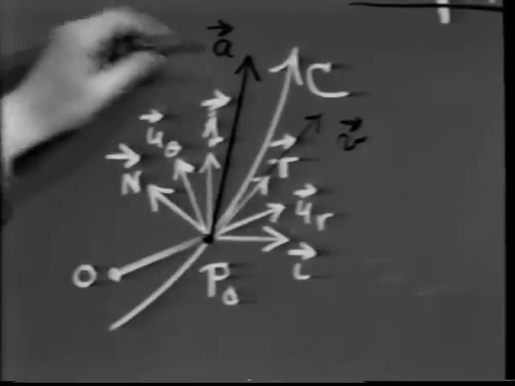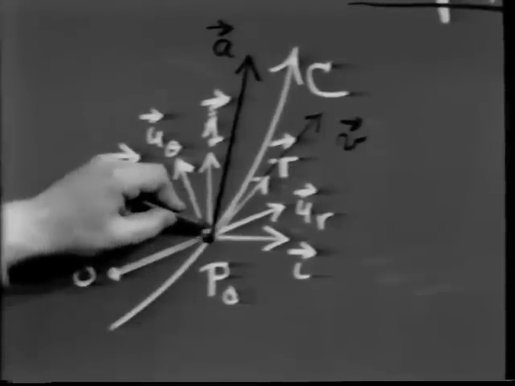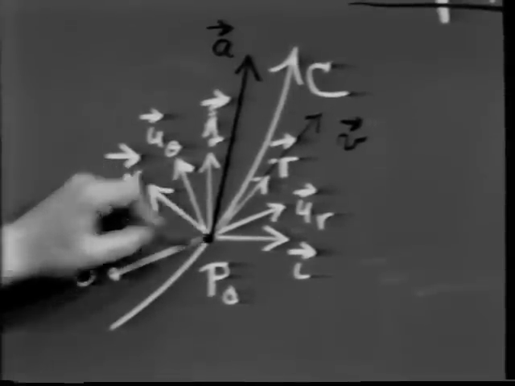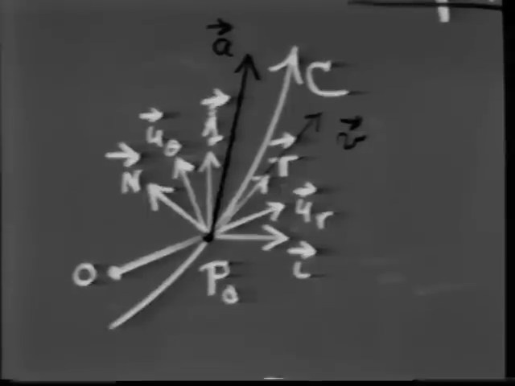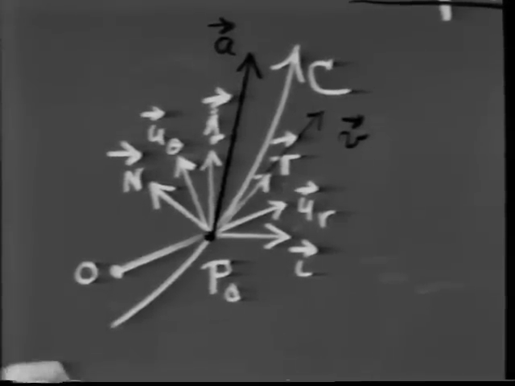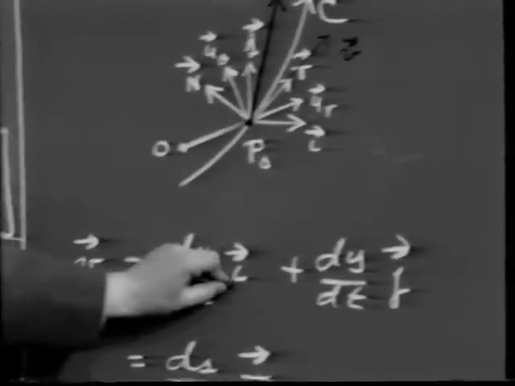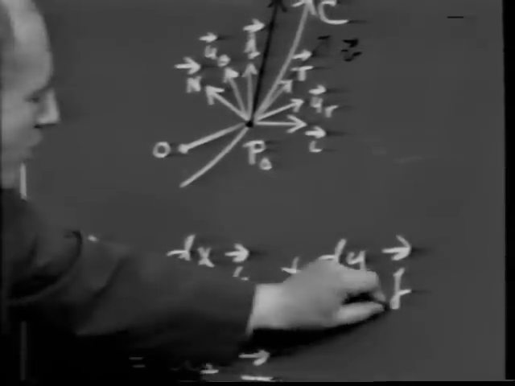The point is that v and a are determined by the motion, not by the coordinate system. In other words, when we're talking about the velocity of this particle at the point P0, its velocity is the same no matter what coordinate system we're using. It just happens that if we're dealing with Cartesian coordinates, the velocity vector is dx/dt i plus dy/dt j.